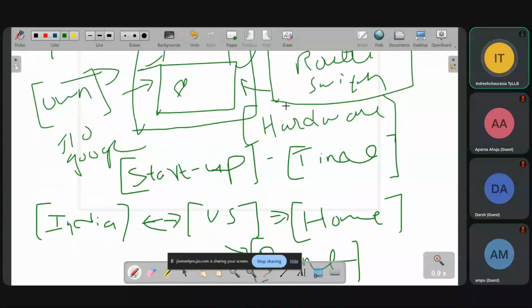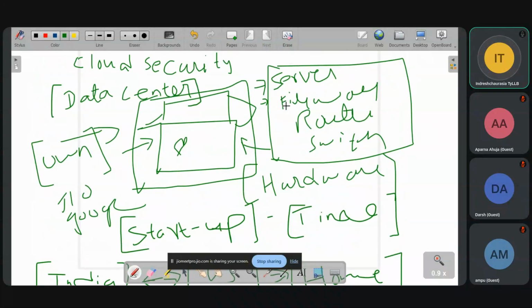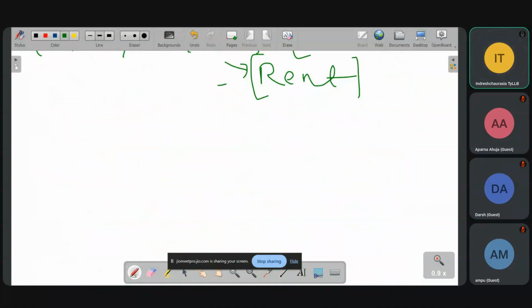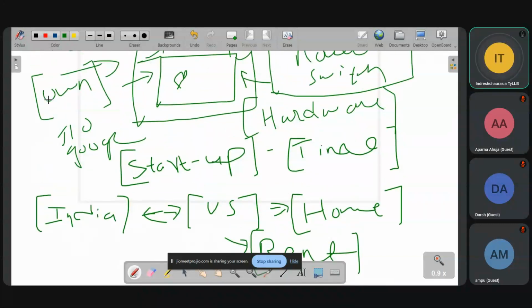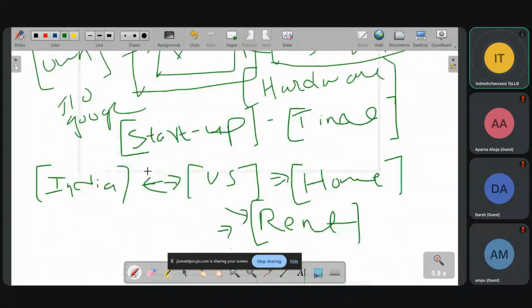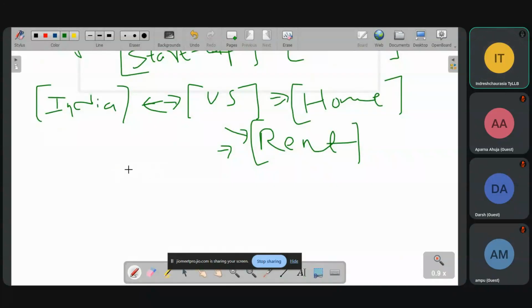Similarly, when you are renting a space in a data center, you just pay rent. All the physical security is the responsibility of the owner of the building, and the rent includes everything: maintenance, security. Till the time you are staying, you are paying the rent.